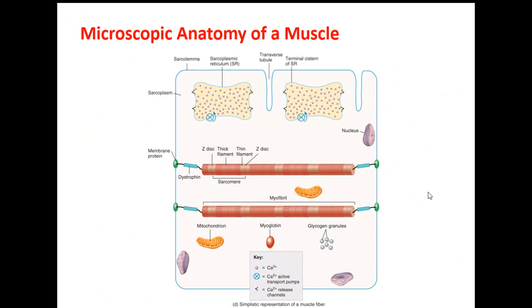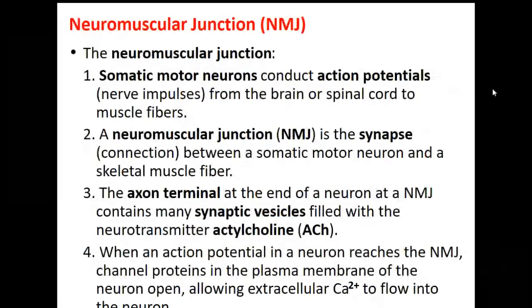Calcium ions come flooding through, and they cause the troponin molecules to change shape and pull the tropomyosin off the binding sites of the actin molecules.